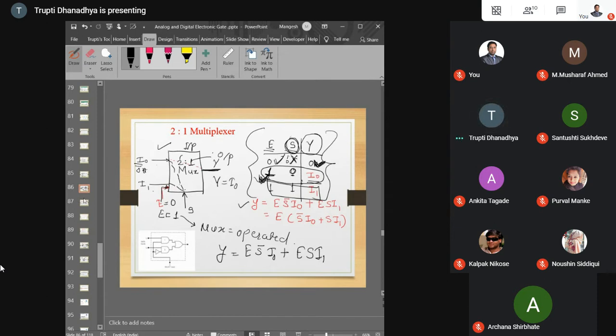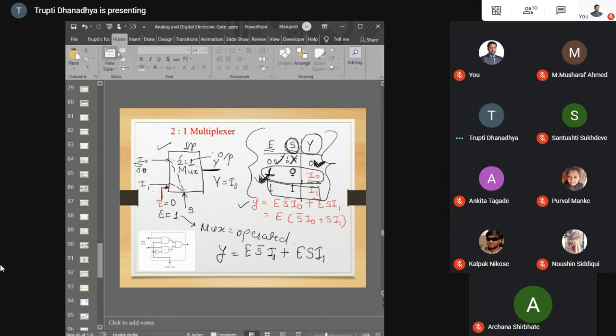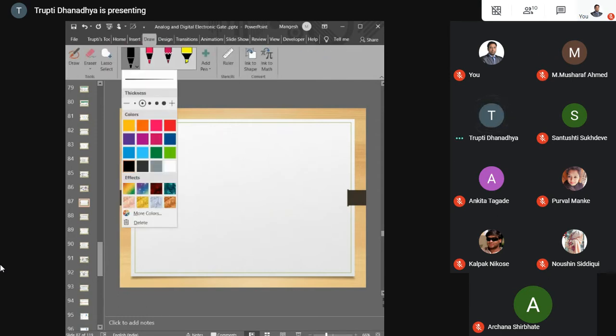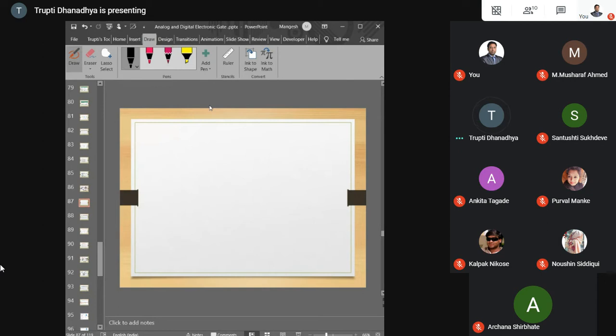Wait a minute, I'm going to design that combinational circuit diagram also. So the equation is like that: Y is equal to E S complement I0 plus E S I1. So we can take the common E: E times (S complement I0 plus S I1).